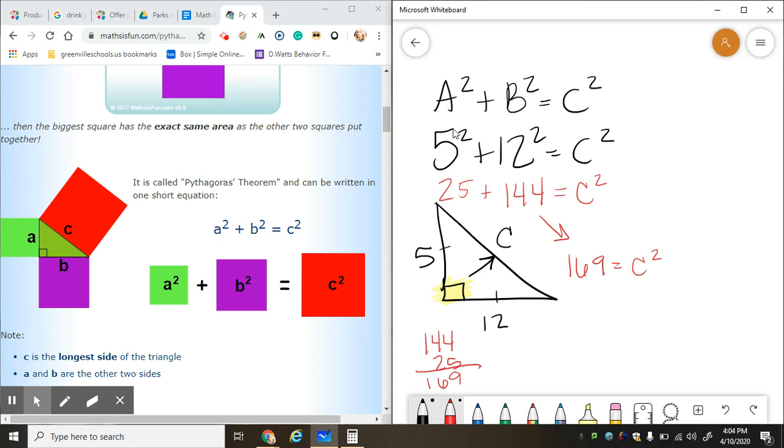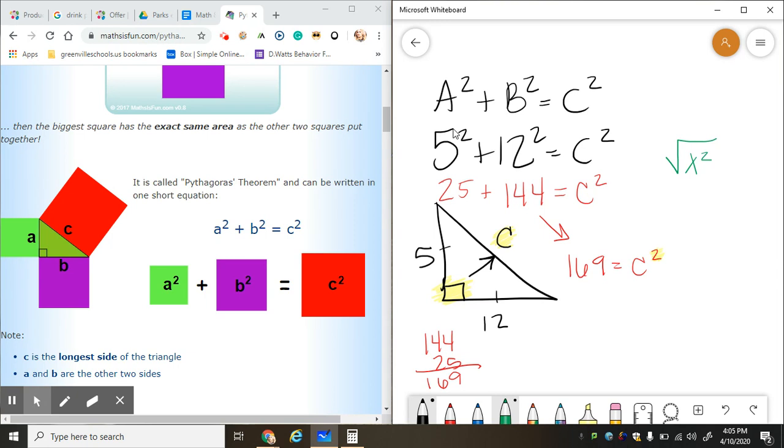Now, some people have a really hard time with this little square. They'll say, well, I just solved for C. No, we want to know what C is by itself. There's no square on here, right? So how do I get rid of this square? The simple answer is we have to do the inverse of a square, which is called a square root.